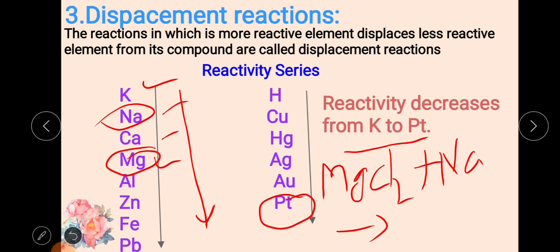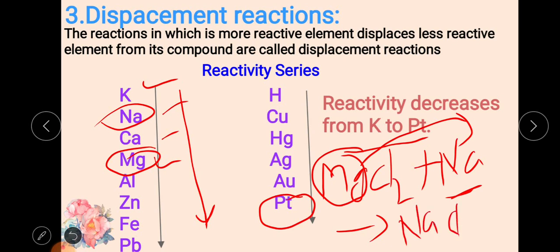Magnesium is the less reactive element, sodium is the highly reactive element. Sodium is capable of displacing the magnesium from its chloride, meaning sodium has the capacity to remove the magnesium from the chlorine. This reaction takes place and it forms NaCl plus Mg. Magnesium is less reactive than sodium, so sodium easily displaces it.